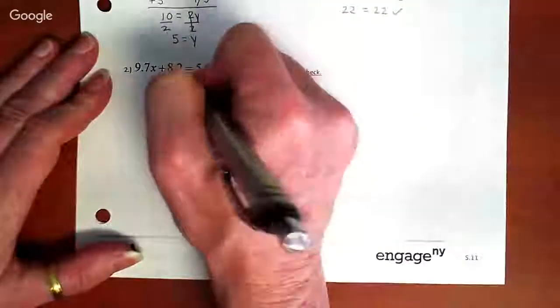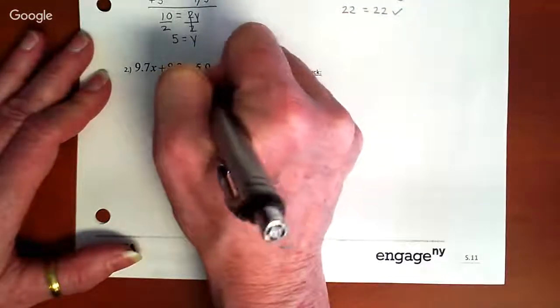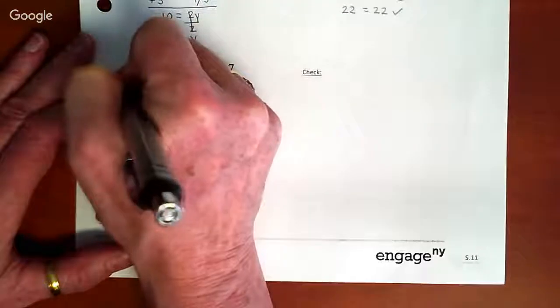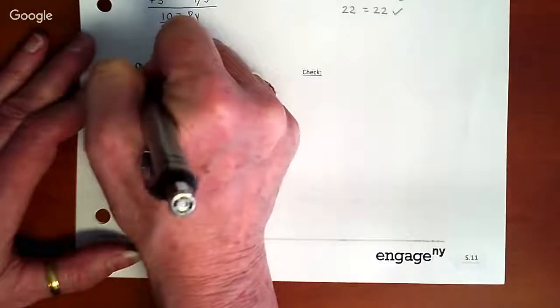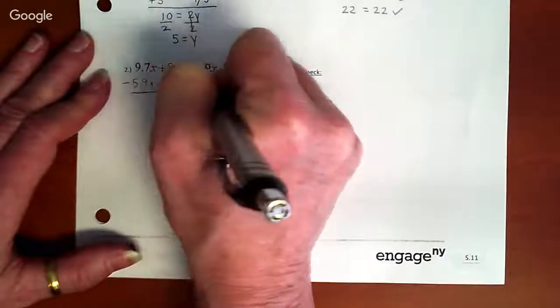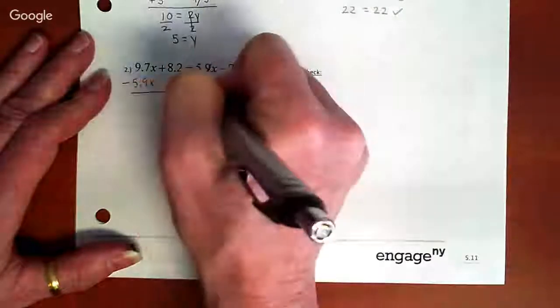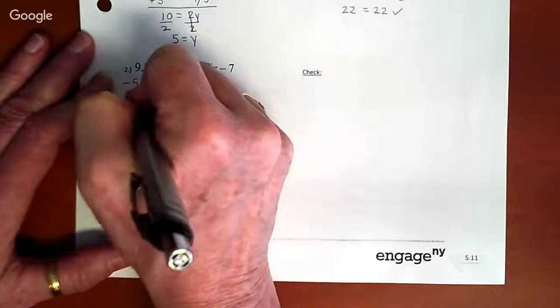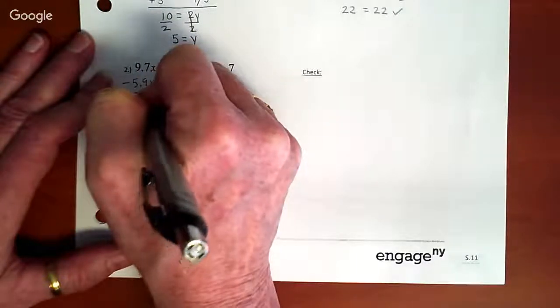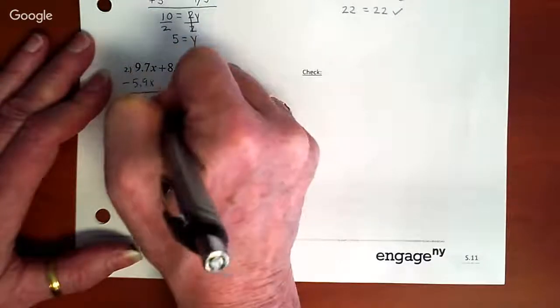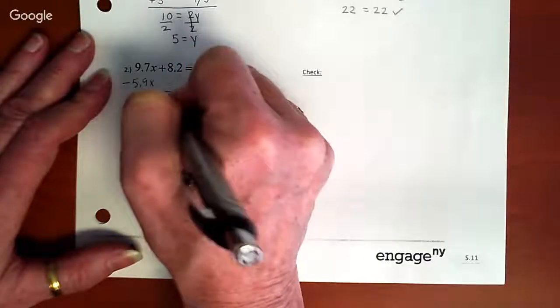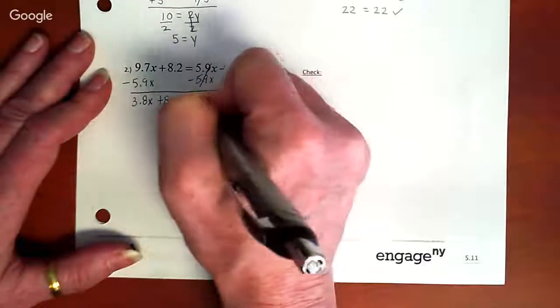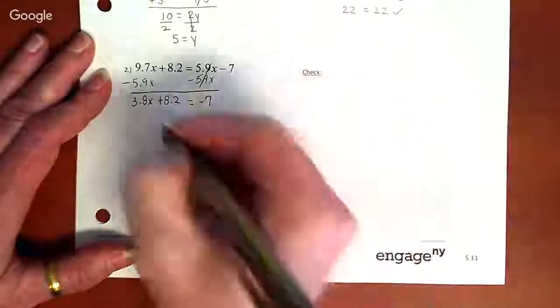So I have minus 5.9x to both sides. And 9.7 minus 5.9 is 3.8 left here. I bring down the plus 8.2. And I have minus 7 over here.